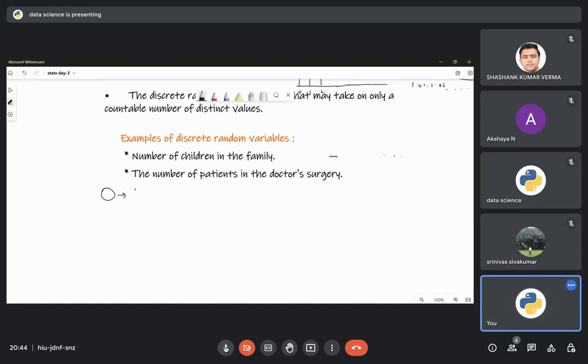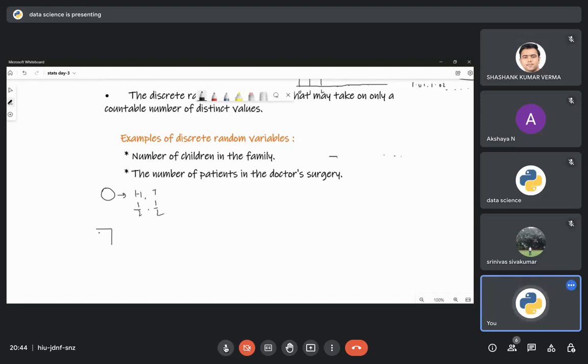Either the coin face will be head or tail. What is the probability of coming head? What is the probability of coming tail? Can anyone tell me? Probability means chances. 50-50, sir. Exactly, 1/2, 1/2.